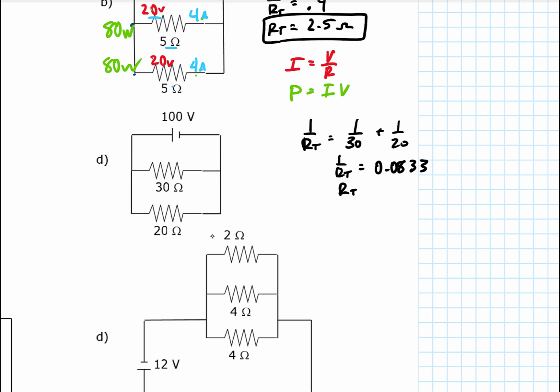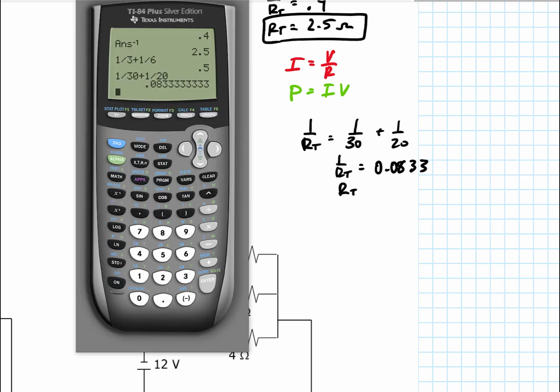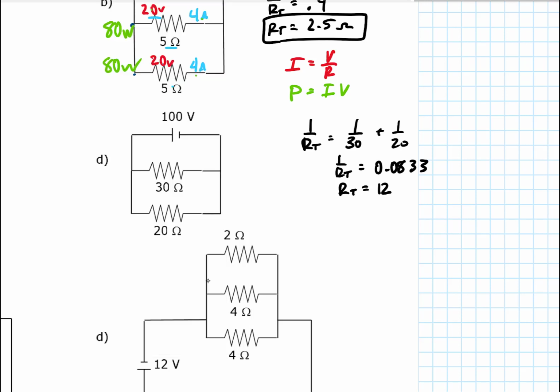That makes R total equal to the inverse of that. So we do x to the negative 1 for that number, and it's 12. So R total is 12 ohms.